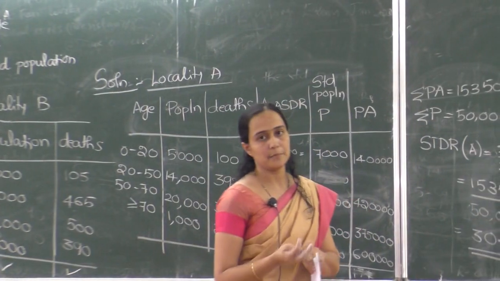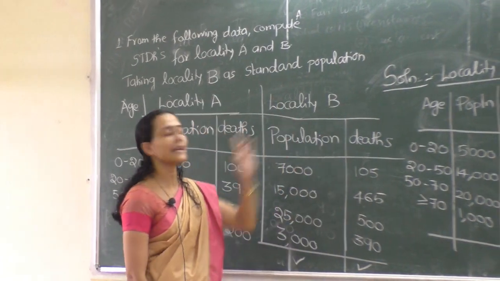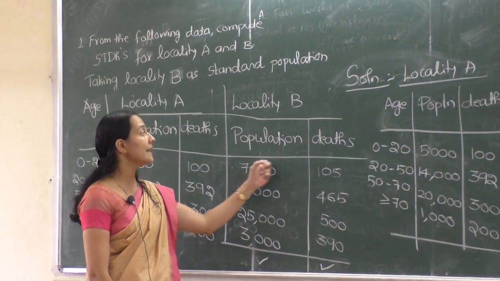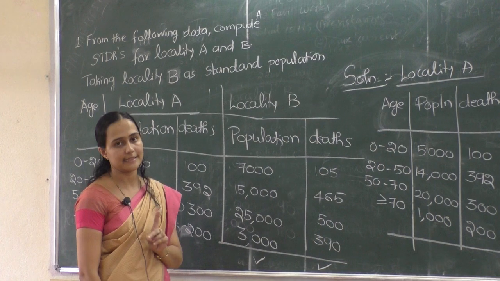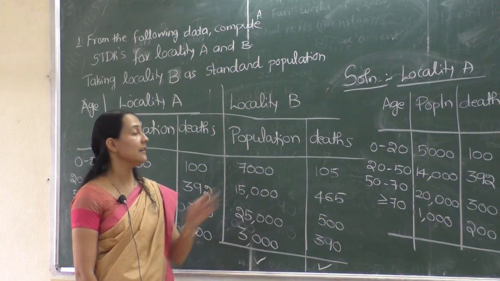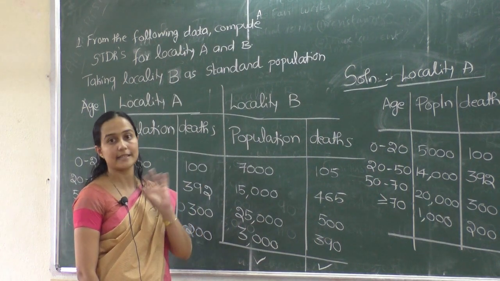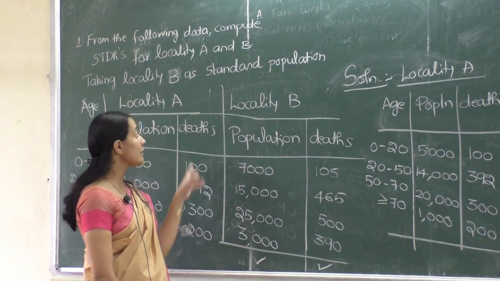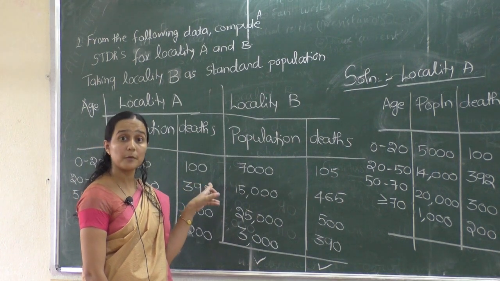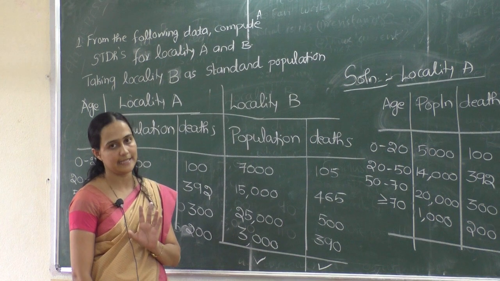Next, third type problem. Hope you understood. Here, in the second type problem, one population is given as the standard population. For that population, no need to compute STDR or age specific death rate. Suppose locality A itself is the standard population, means locality A's STDR is the same as CDR.